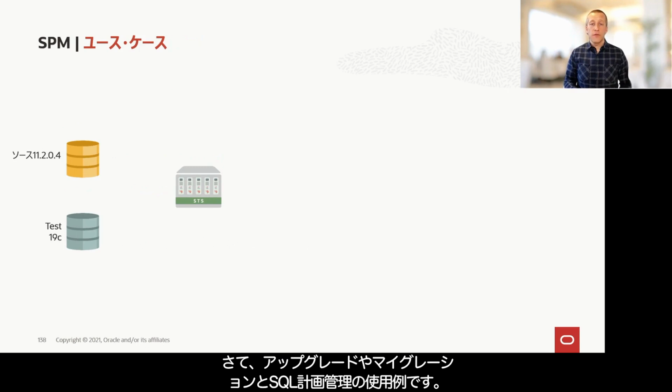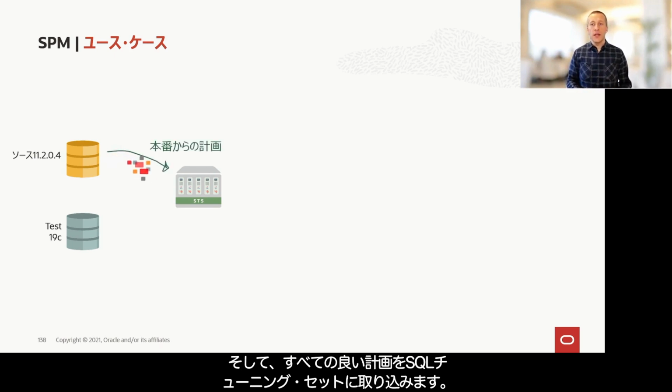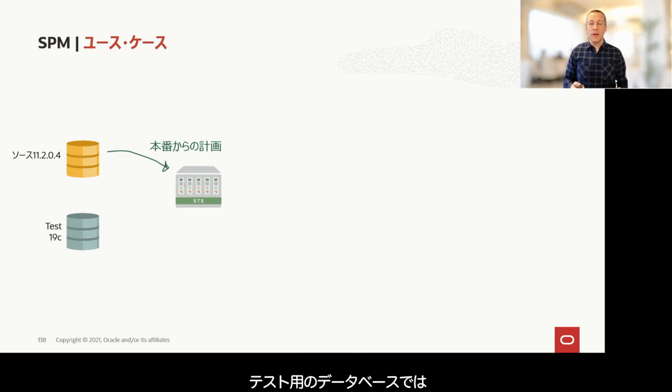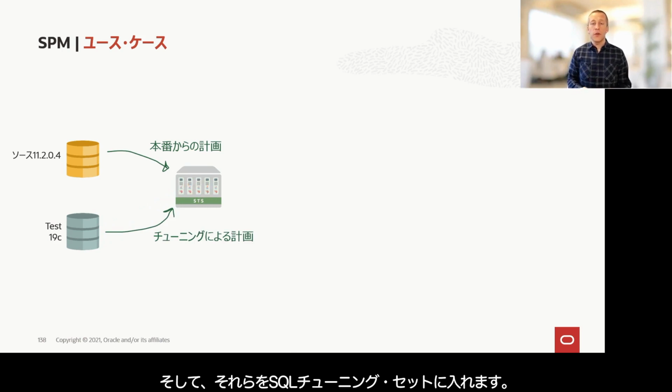Now, a use case for upgrade and migrations and SQL plan management. In this situation, we have our source database running on 11.2.0.4, and I capture all my good plans into a SQL tuning set. In my test database, I identify the regressed statements and I tune them and come up with good plans, and I put those in my SQL tuning set as well.